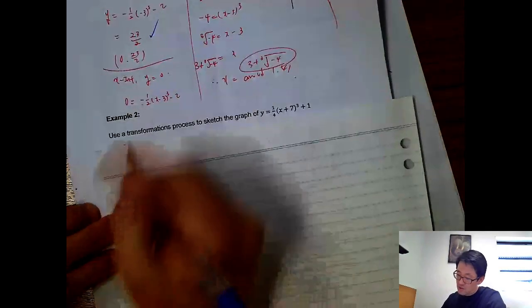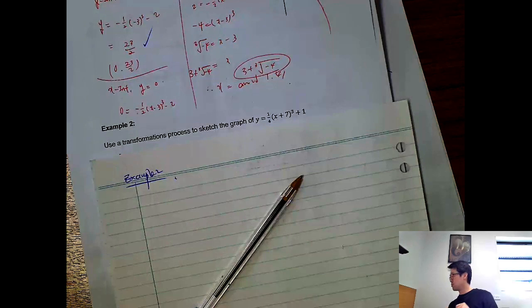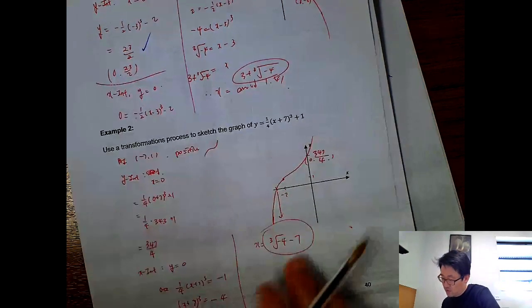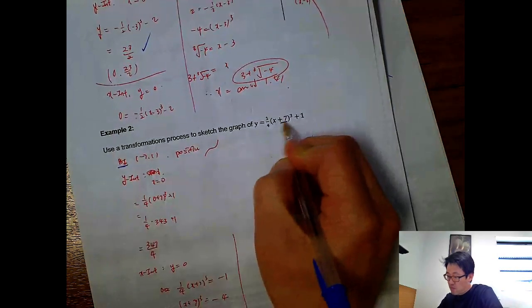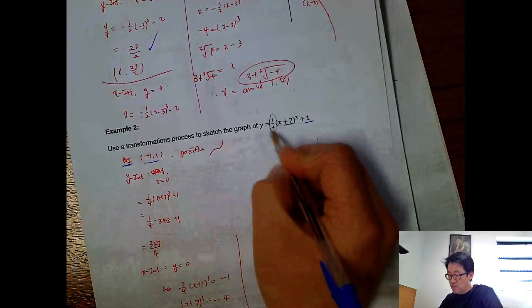And let's go next. Can you do example 2 by yourself first? I'll pause it and you do it first. It's pretty much the same as what we've done so far. When you've done it, let's have a look. The point of inflection is (-7, 1). Is that positive?